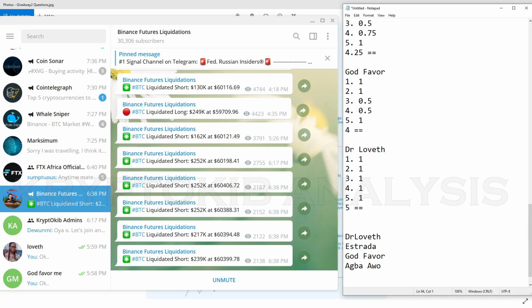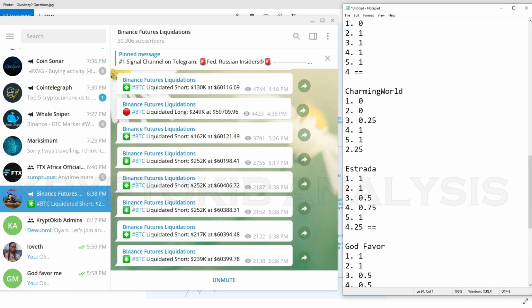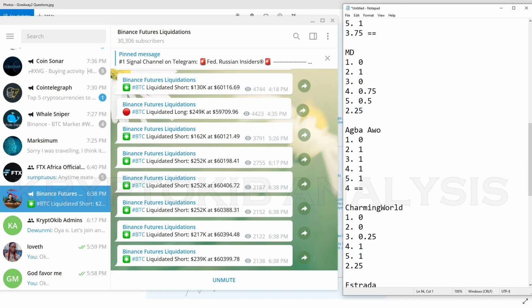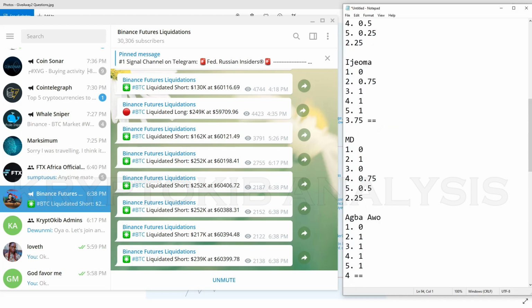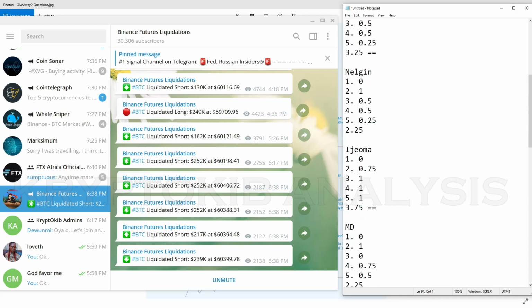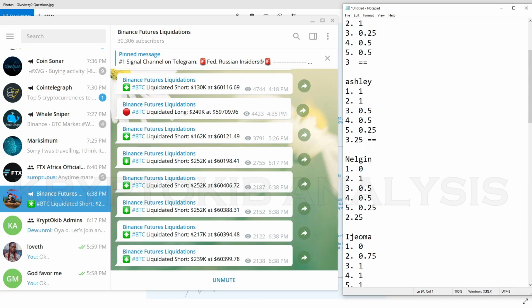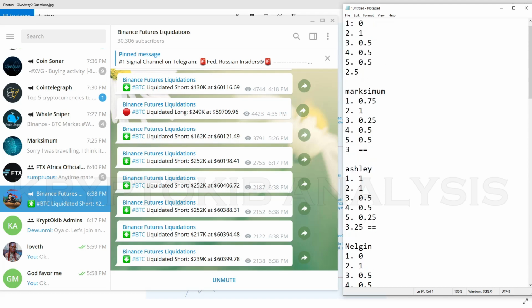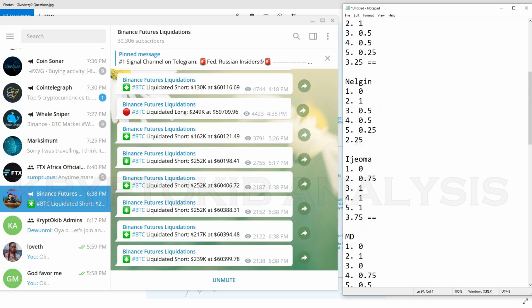Then who is the next person on the line? Ijoma is 3.75. Ashley is 3.25. Then that's Ijoma, Ashley, and Maximum.